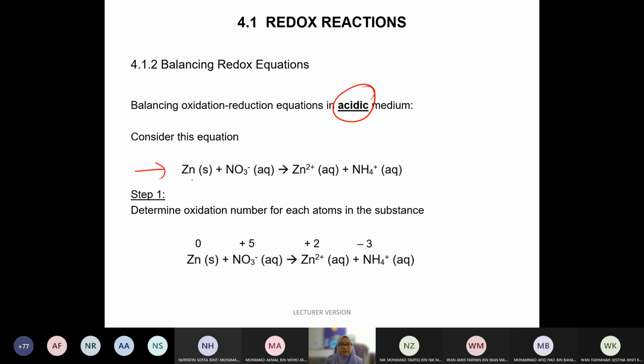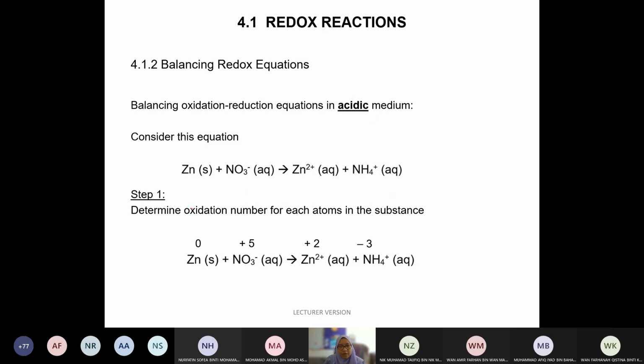As you can see, this is not balanced in terms of the charge and the oxidation number. Zinc is 0, this is 2+, this is 0, this is -1, this is +2, this is +4, and this is +1. Overall, we can see that it is definitely not balanced. That's why the question asks you to balance it, and I want to prove that it is not balanced.